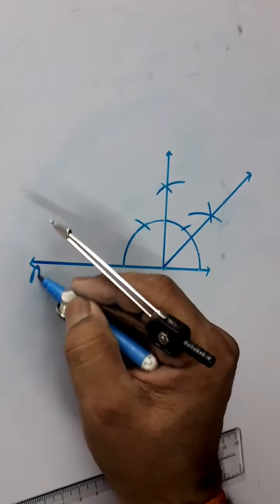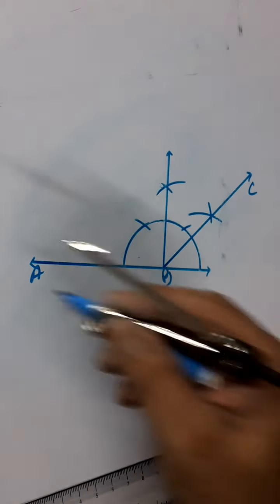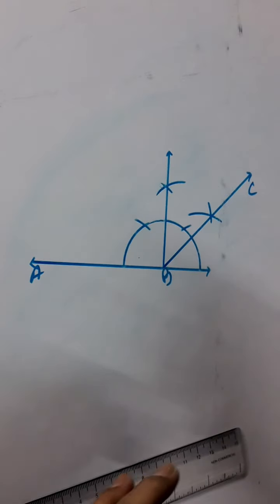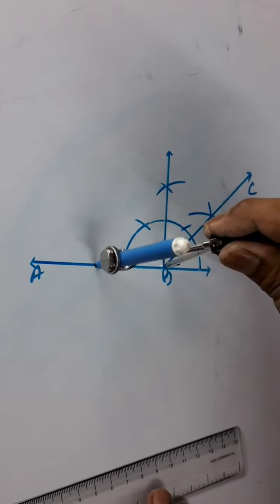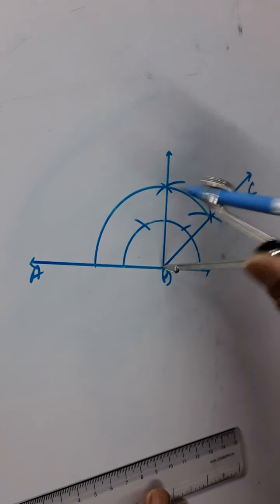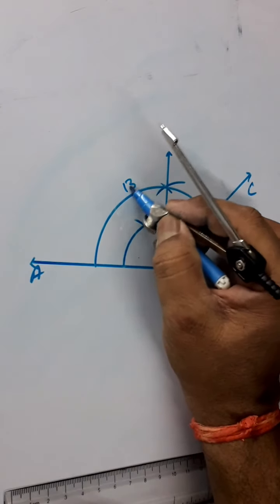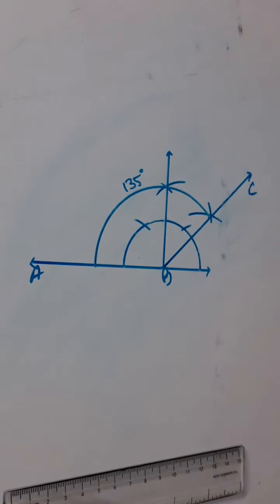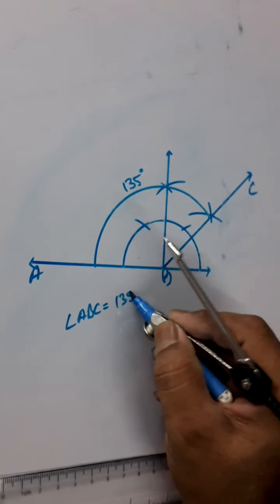Suppose we take this point as A, this point B and this point C. So angle ABC, it means this angle. This is not part of construction, I am just showing the angle. This angle from here to here is of the measure of 135 degree. Means angle ABC is equal to 135 degree.